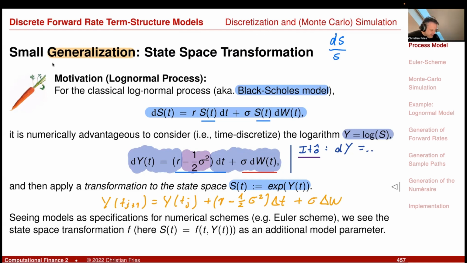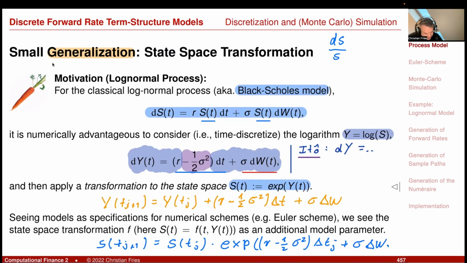Euler scheme for S. So we have then the Euler scheme S of tj+1 is the exponential of the logarithm. I can move that in front. It is S of tj multiplied, because the exponential of a sum is the product of the two exponentials, by exponential of r minus 1/2 sigma squared delta tj plus sigma delta wj.